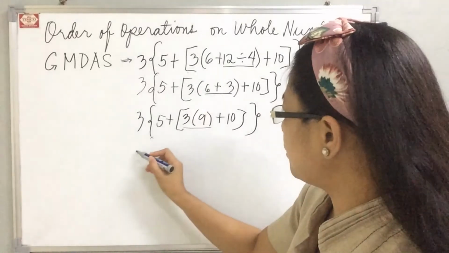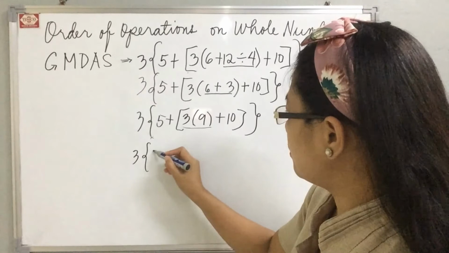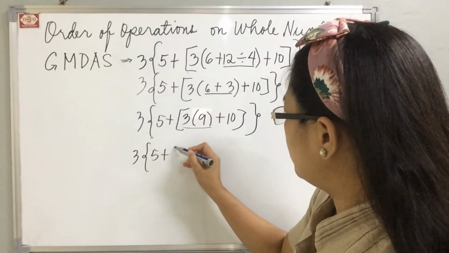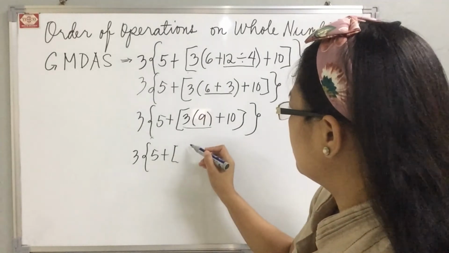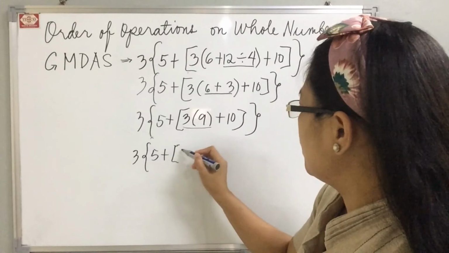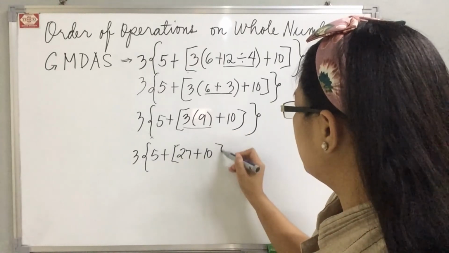Again, let's bring down 3, the brace, 5, addition sign, and the bracket sign. So 3 times 9 is 27 plus 10.